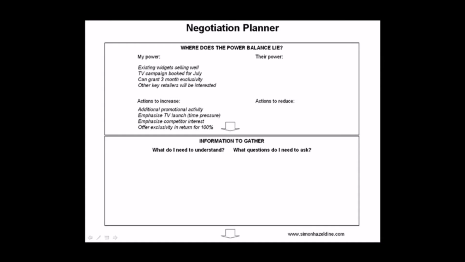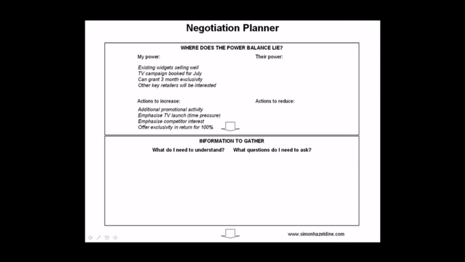Now we may or may not wish to disclose that straight away, but it is something that we have, and that's quite a powerful thing. That might be something the retailer would be very interested in because it would give them a point of difference versus their competition. We also know that other key retailers will also be interested in having this new widget in their store.